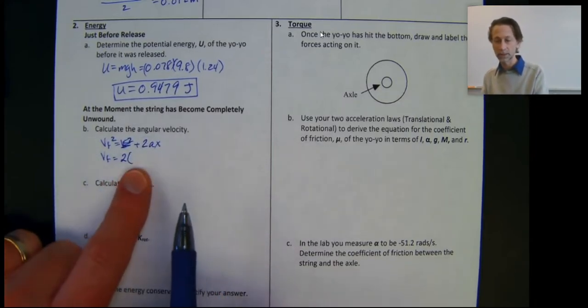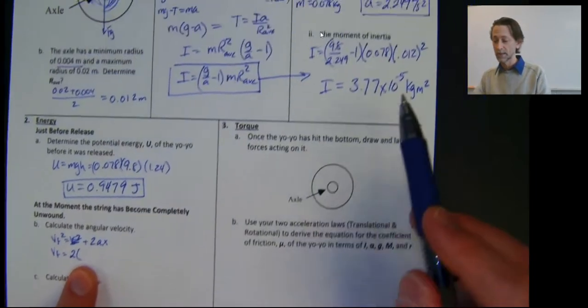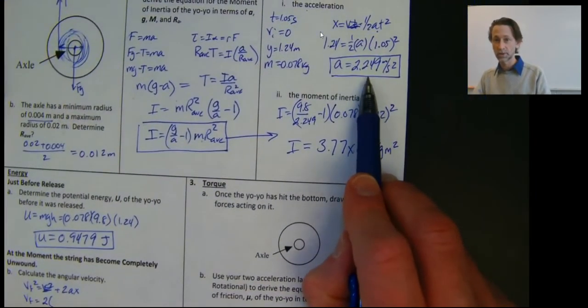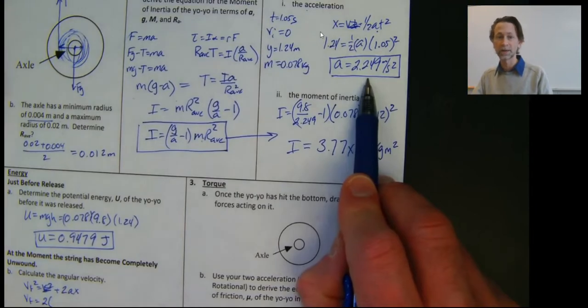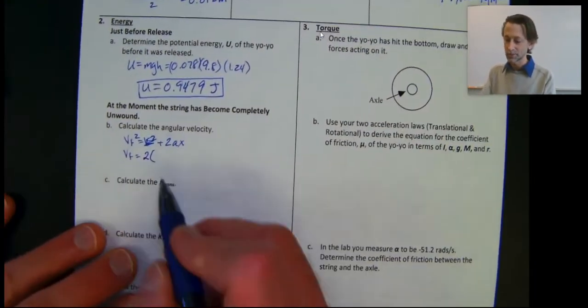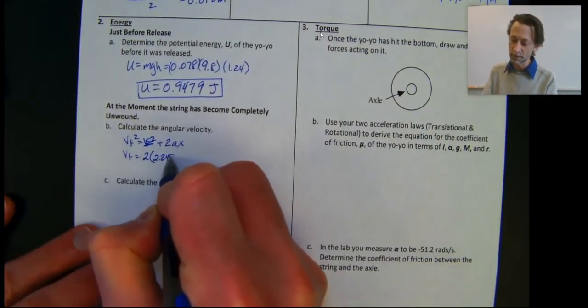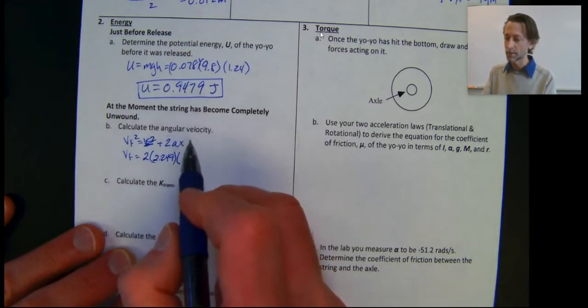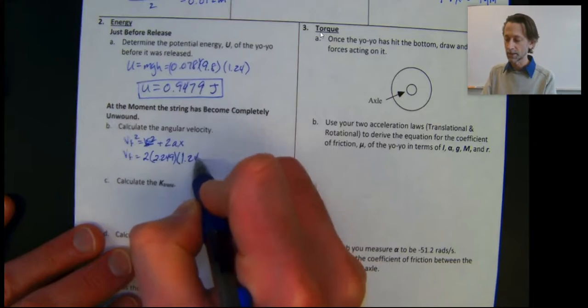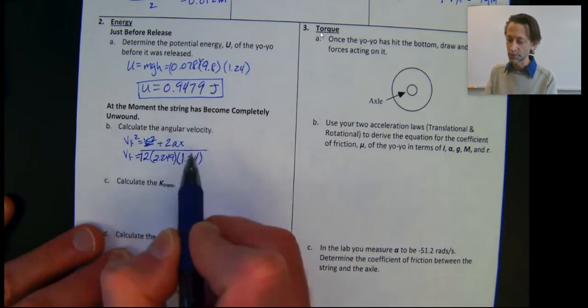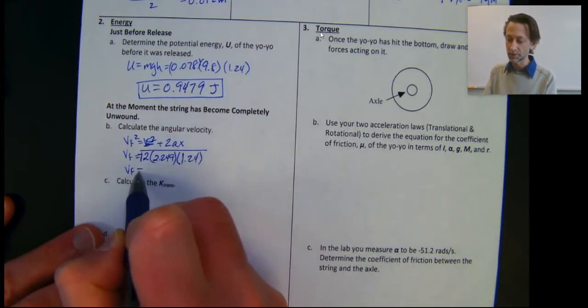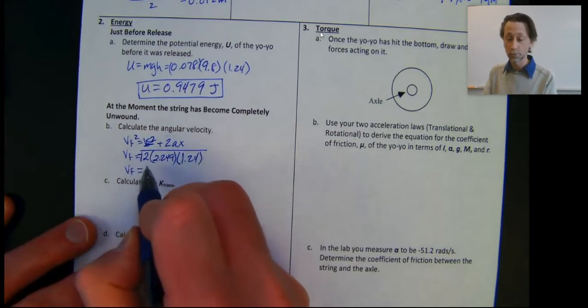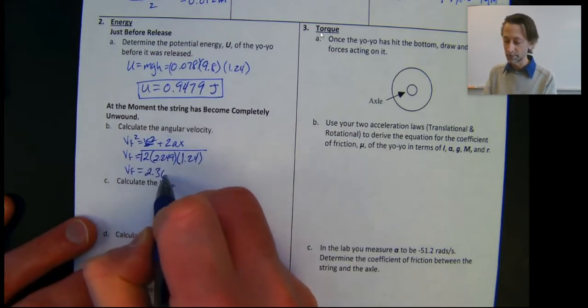Now, remember, that's not going to be the acceleration of gravity, because we calculated the acceleration up here to be this 2.249 meters per second squared. So this will be 2.249, and the distance that it's falling is what we said earlier, that 1.24 meters of the string. And then we'll square root that. Once we do that, we get a final velocity of 2.36 meters per second.